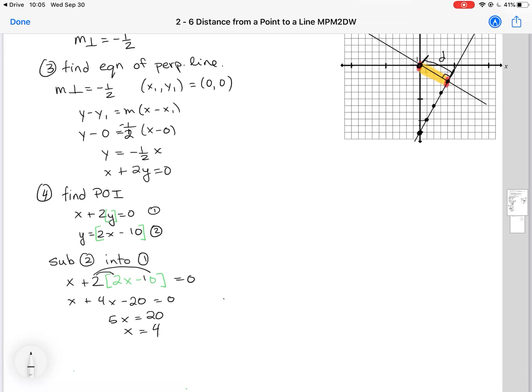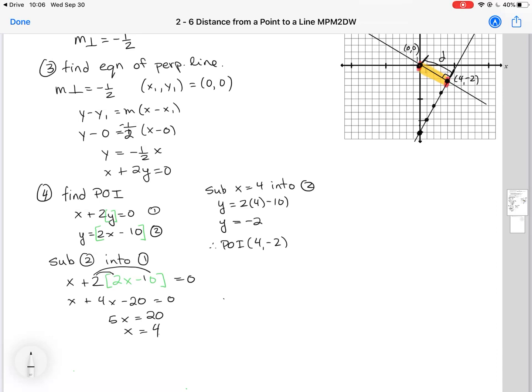So now we've got our x coordinate of the point of intersection, and now we're going to look for our y coordinate. So I would sub x equals 4 into probably my second equation. So y equals 2 times 4 minus 10, which is going to give us minus 2. So therefore, my point of intersection is (4, -2). And I can see that my graph is a little bit off, but I can see that point of intersection there at (4, -2), and then (0, 0).